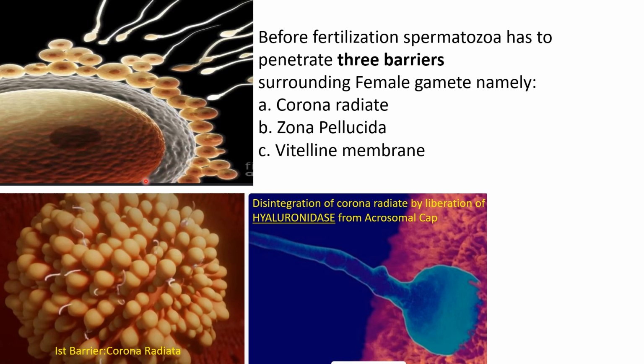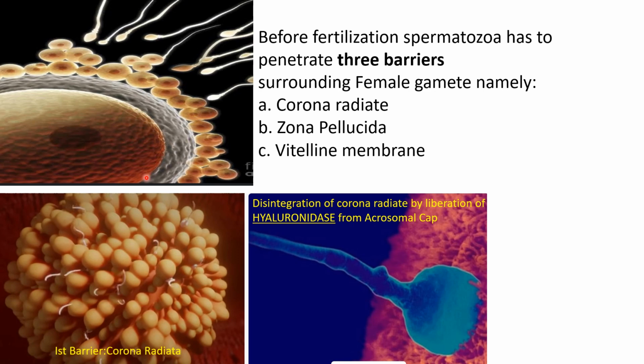The third barrier is the vitelline membrane which is covering the oocyte. Okay, so from outside inwards, the three barriers or the three coverings of the oocyte are corona radiata, then the second is zona pellucida, and third is the vitelline membrane.